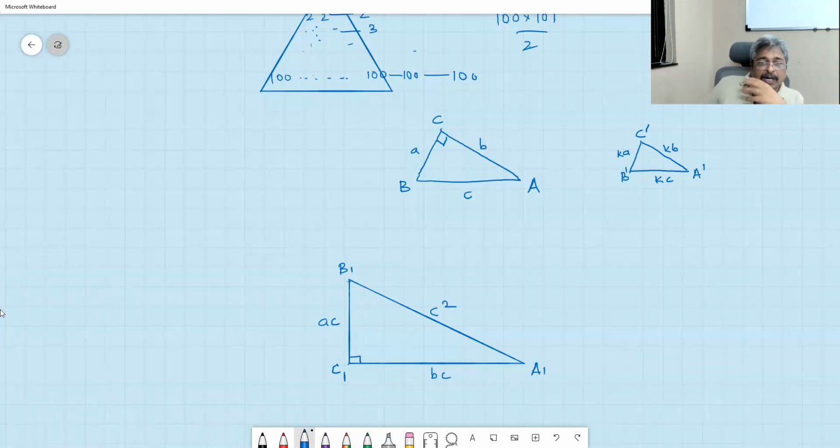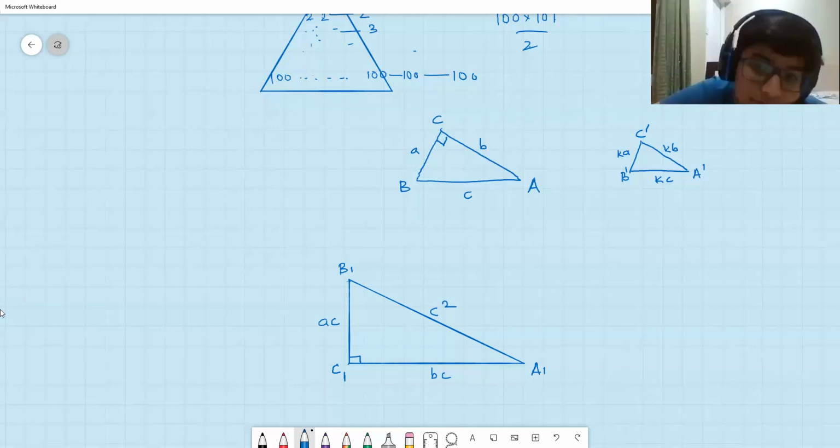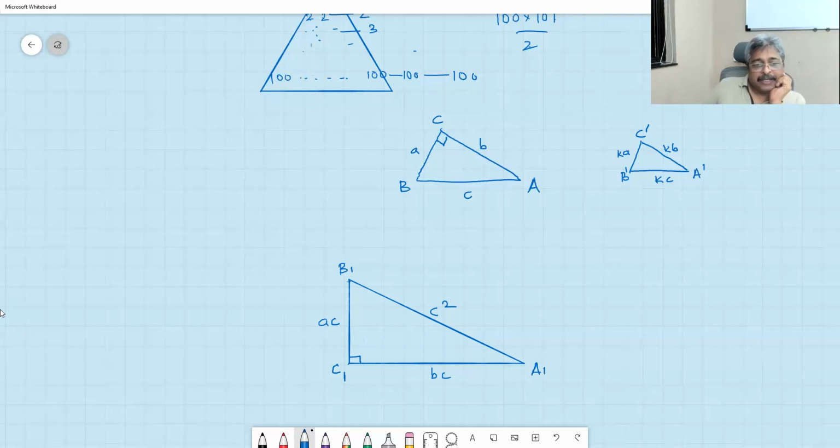Now I want to draw another similar triangle with proportionality constant small a, that makes this hypotenuse equal to AC. Yes or no? Yes, sir. Therefore, I will use this AC and construct another similar triangle, external.